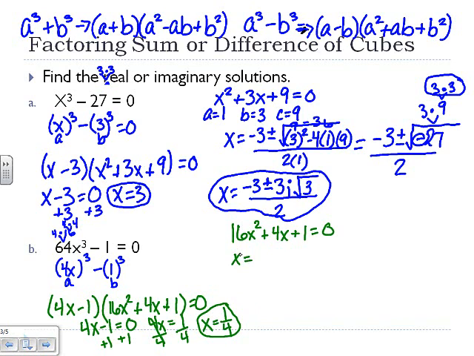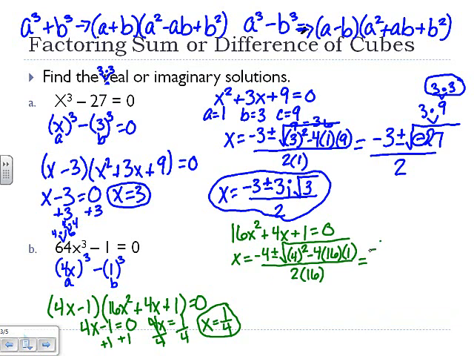So we're going to say x equals negative 4 plus or minus the square root of 4 squared minus 4 times 16 times 1, all over 2 times 16.